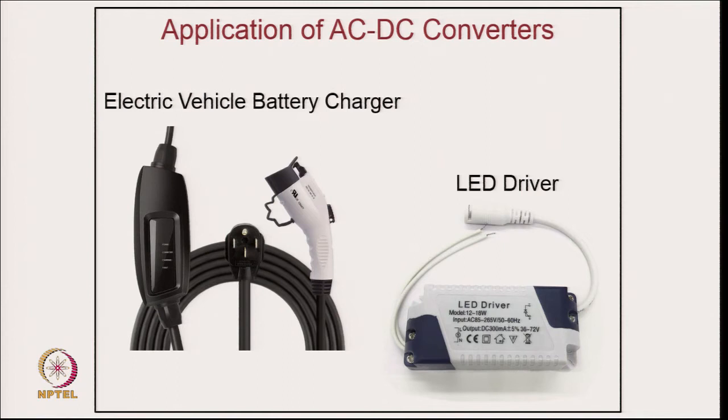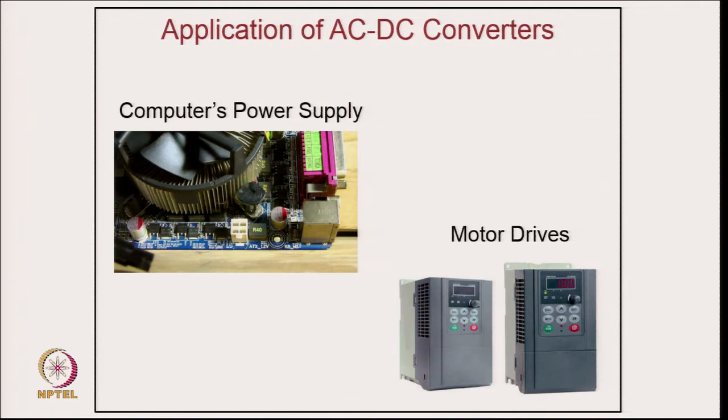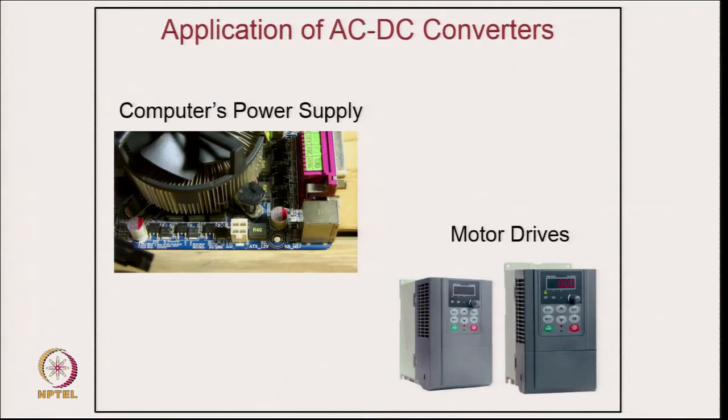Then there are LED driver circuits for lighting, at different power levels starting from a few watts up to, say, 12 to 18 watts as a typical example, and computer power supplies, or motor drives. Most AC motors, whether squirrel cage induction motors, permanent magnet brushless motors, reluctance motors or synchronous reluctance motors, now use solid state variable frequency drives, which also use an AC-DC converter at the front end, followed by an inverter driving the motor.